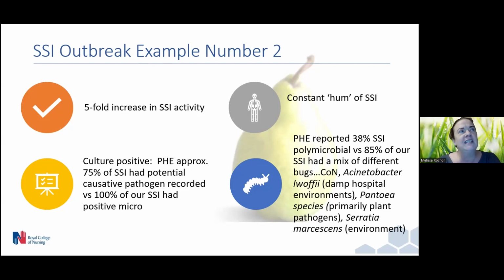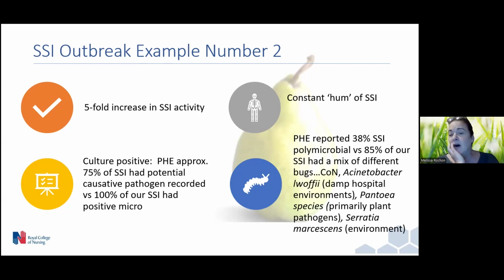And it wasn't just in 1 month, it was continuous. And all of these patients were having culture positive results. Usually you have a proportion of swabs that come back with no growth, so it was quite unusual that they were all positive.